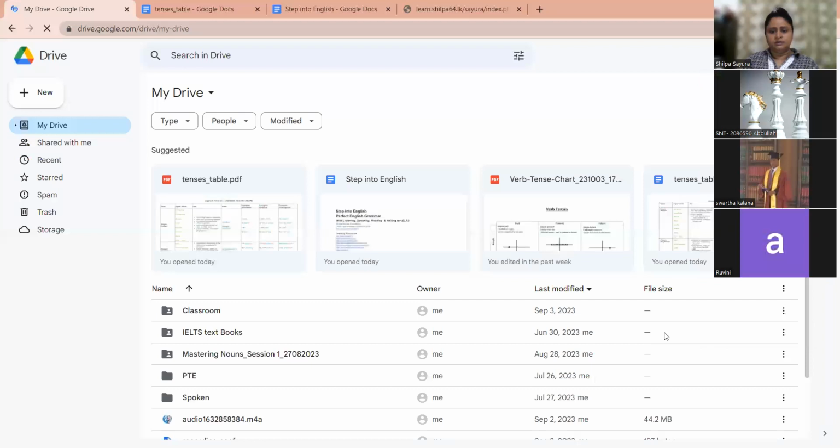Can you see the screen? Okay, good, great.